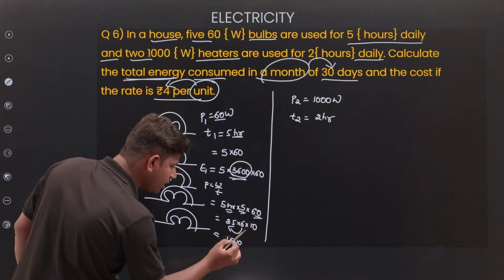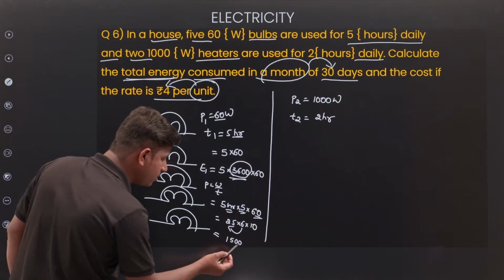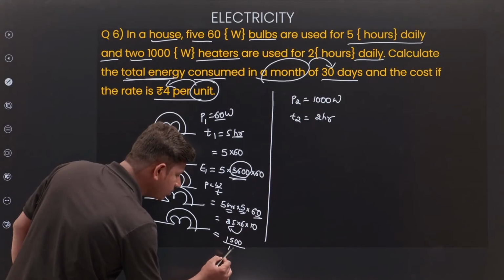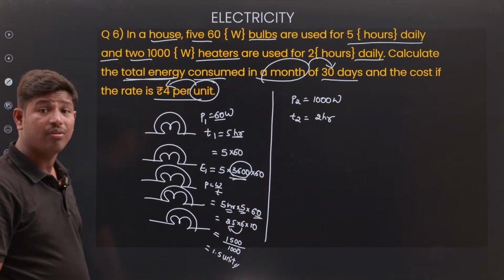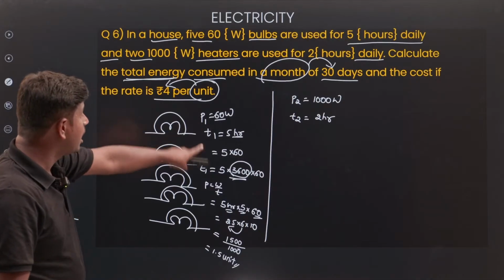Then 1500, means 1500 by 1000. That means 1.5 units only by the bulbs.